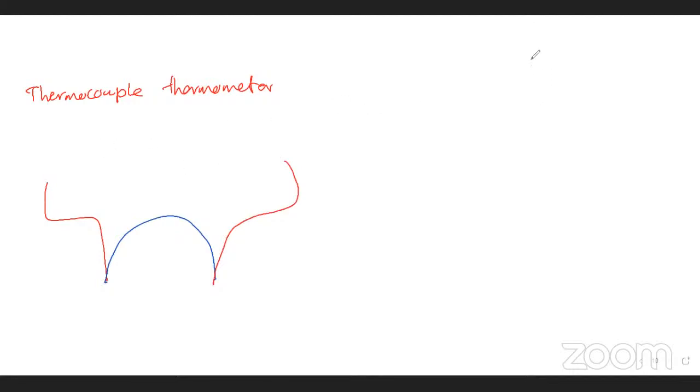You can make two junctions using two dissimilar materials. Let's say this is iron, this is copper, and these two junctions are there. If you place these two junctions at two different temperatures, let's say at the cold temperature we use ice, and the other is placed in a hot bath.